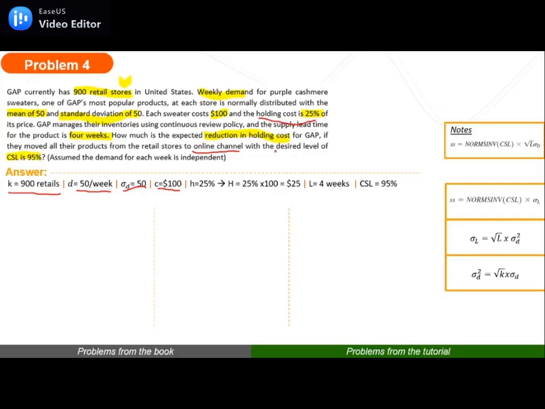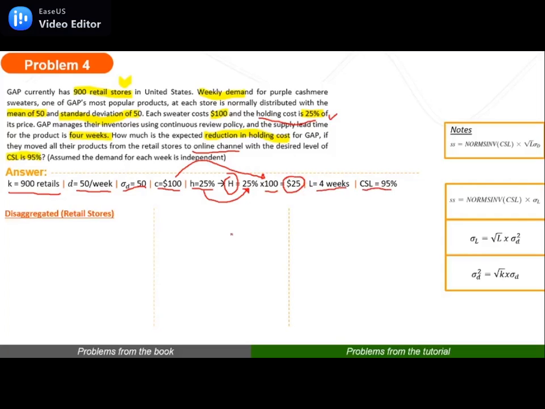Please remember that it is only the fraction, not the actual holding cost. So to make it easier, we can compute the holding cost, or the big H here, that is the fraction, the little h, that is 25% times the cost, that is 100, and we get the holding cost is $25. And then the lead time is 4 weeks, and the CSL is 95%.